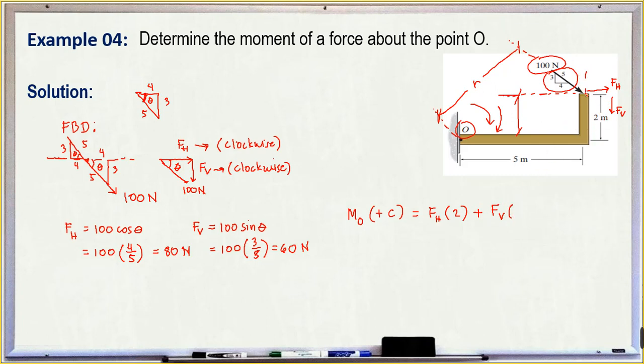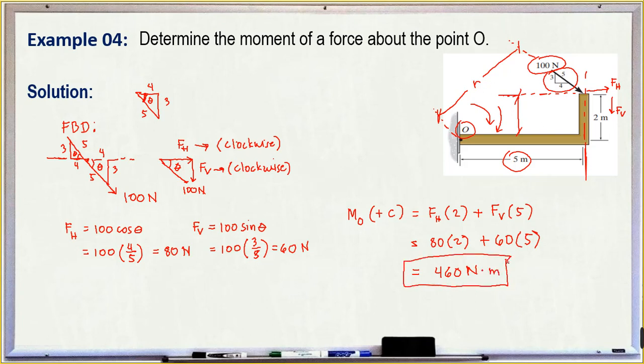Mao na siya line of action ni FV, kaning 5. Okay? So FV times 5. Now, ato ni i-substitute. So 80 times 2 plus 60 times 5. So the result is 460 Newton-meter. Okay. Nakuha ra?